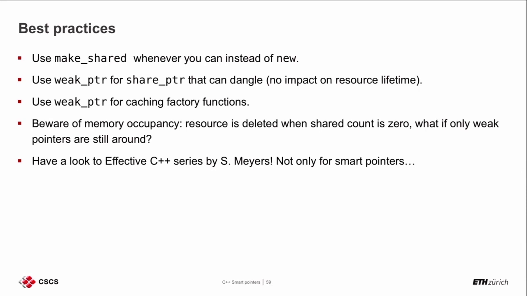One is to have one single allocation instead of having two allocations, and the other one is that if you use this make_shared function, you can get rid completely of the old pointer syntax because you don't have to use the new operator, which is something that is inherited from the old raw pointers.